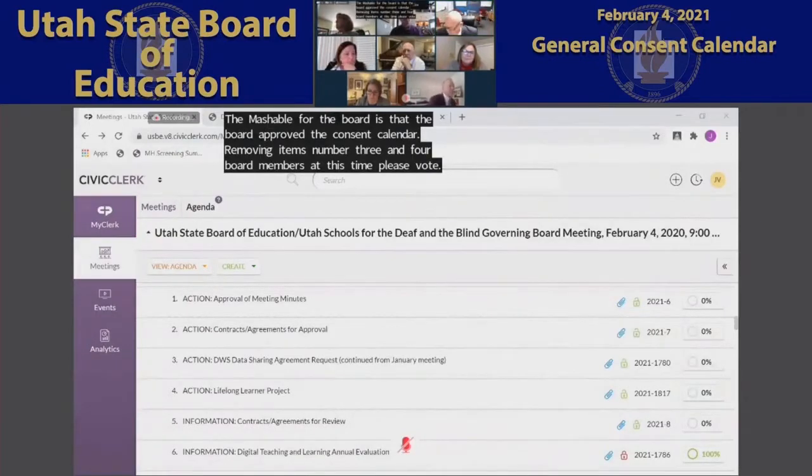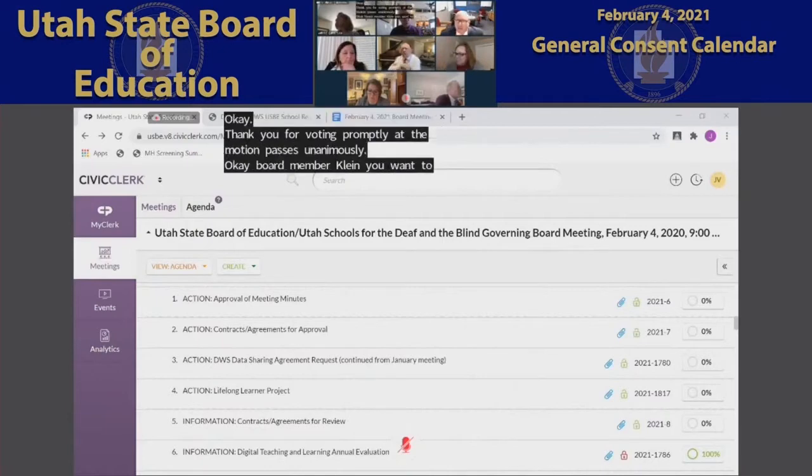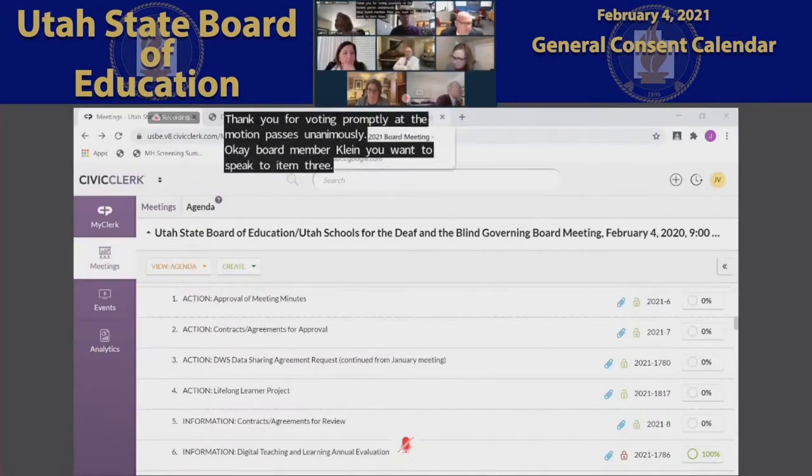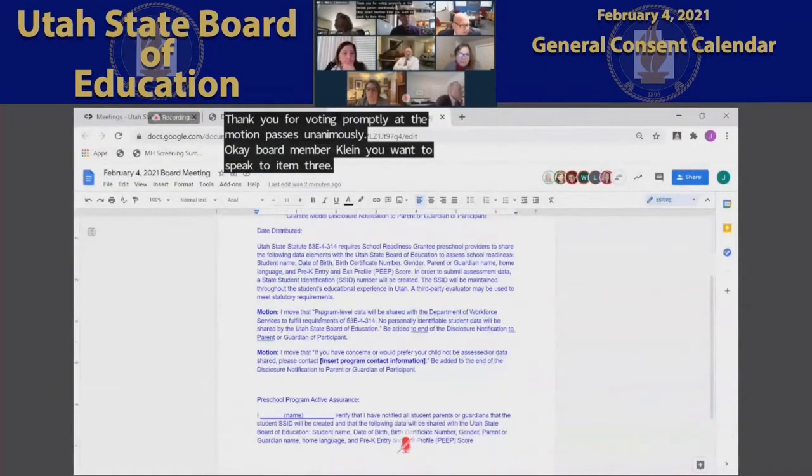Okay, so I just wanted to make a motion, or a couple of motions rather. The first one, I move that program level data will be shared with the Department of Workforce Services to fulfill requirements of 53E-4-314.